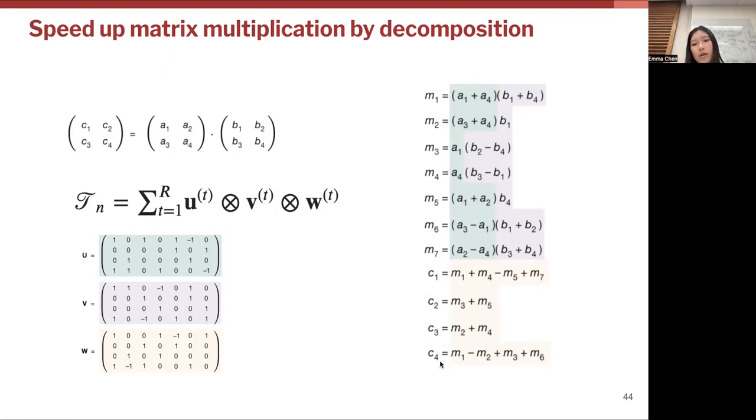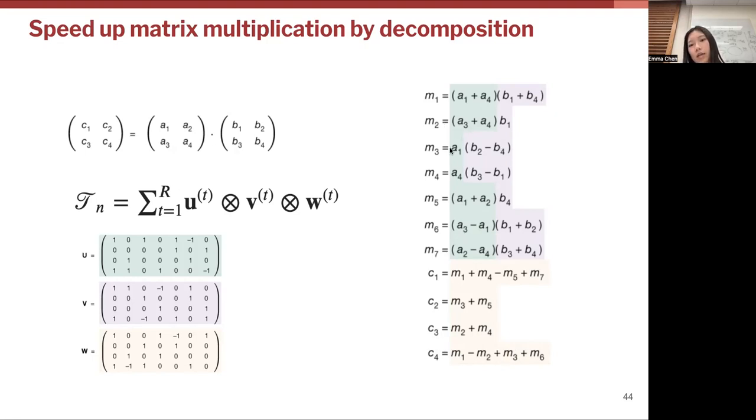And the number of intermediate values here will correspond to the number of multiplications I need in total to get the final matrix multiplication result.